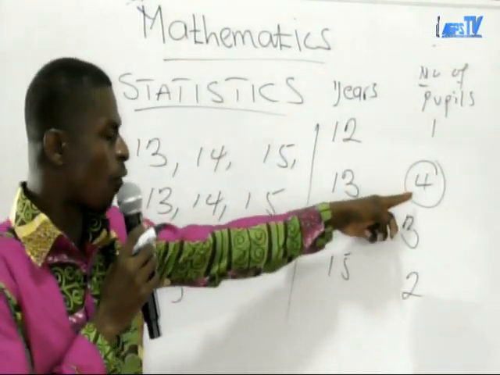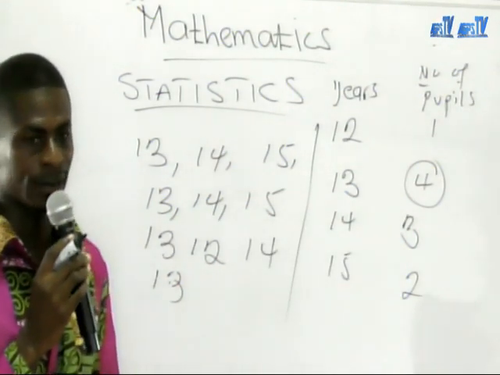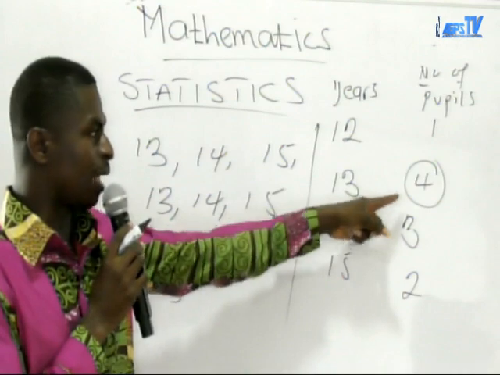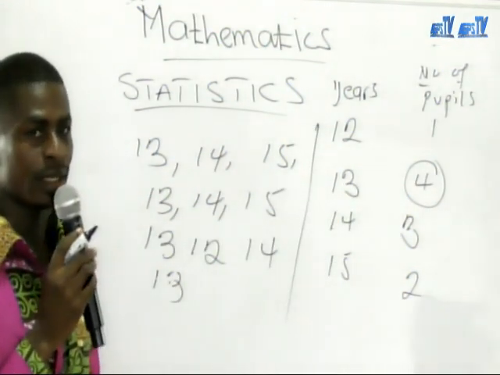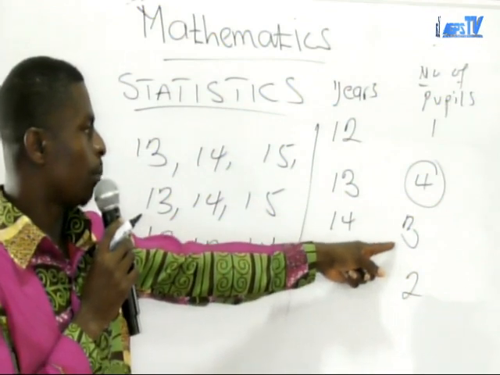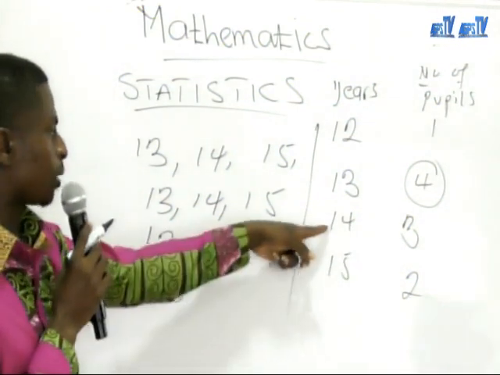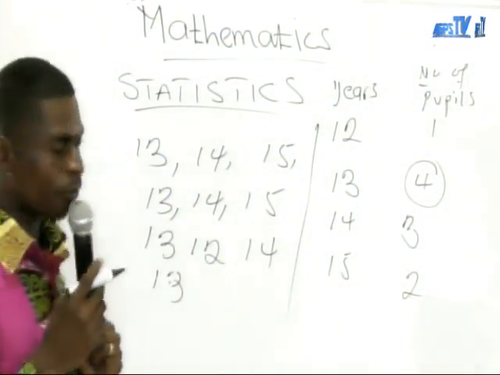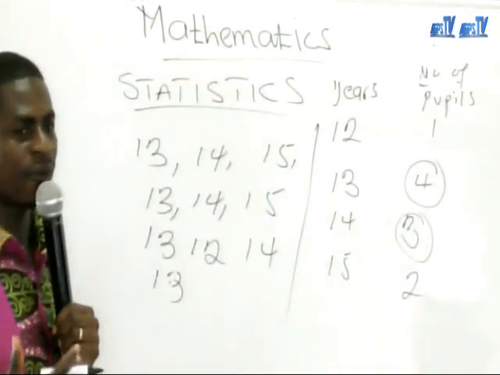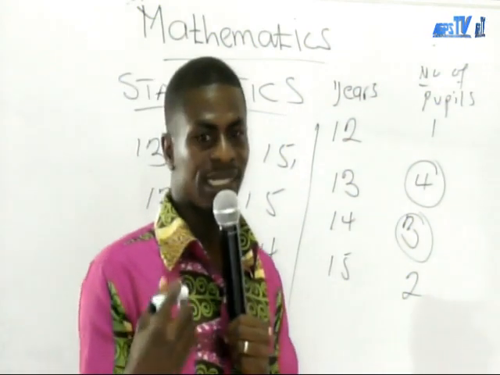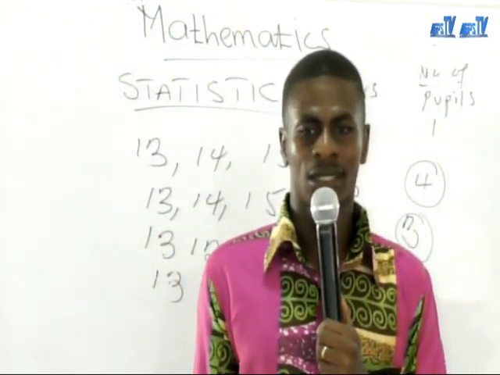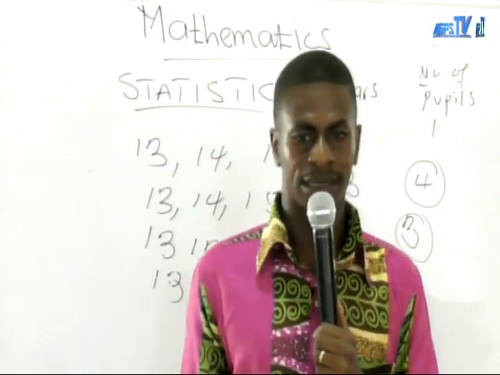Therefore, 4 becomes the frequency of 13. We can also talk about 3 being the number of times 14 is appearing. Therefore, 3 also becomes a frequency. So when we talk about frequency, we are basically saying how many times an event occurs or takes place.